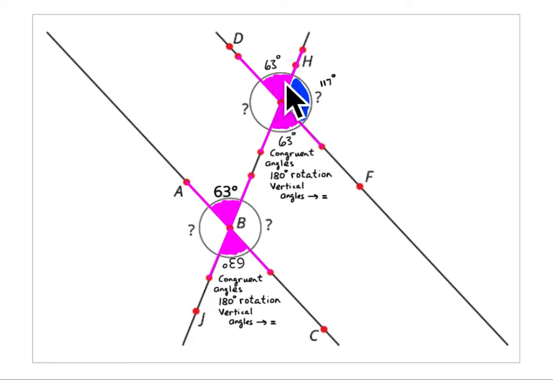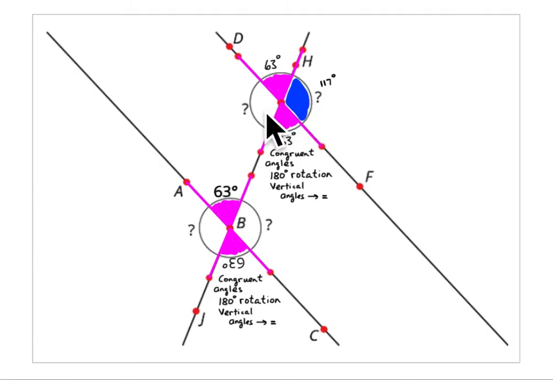It's a half circle. You go halfway around a circle, that's 180 degrees. So these two have to add to 180 degrees. They are supplementary angles. So all these words are coming back to you now. And this is 117 degrees. So 117 plus 63 equals 180.